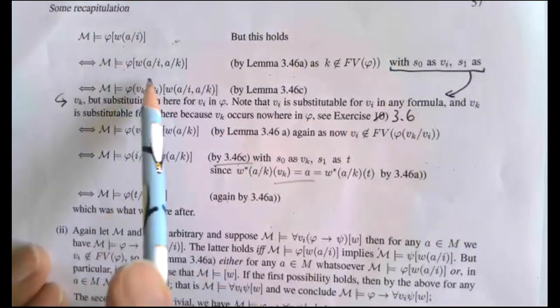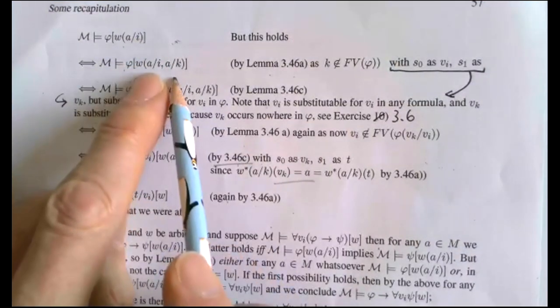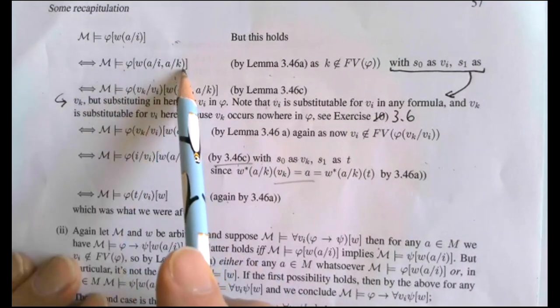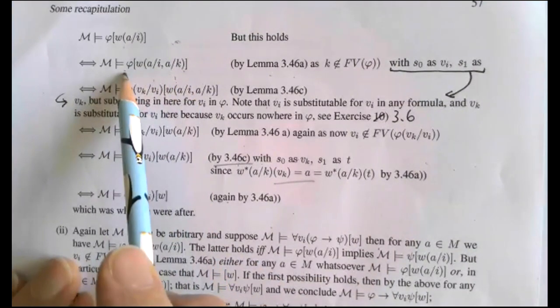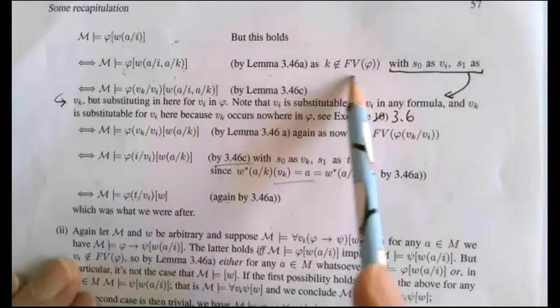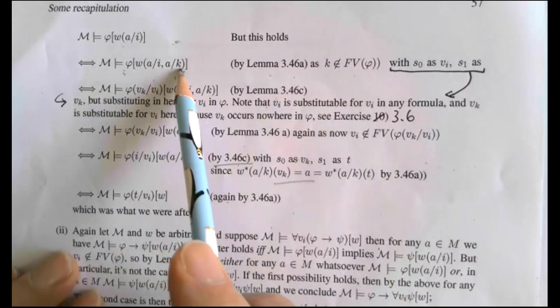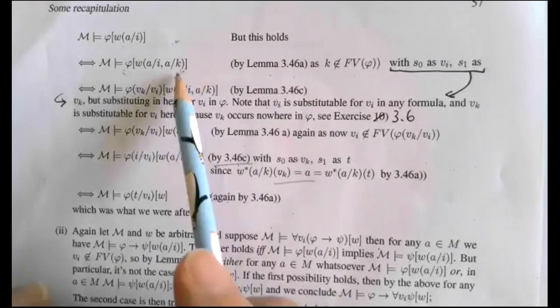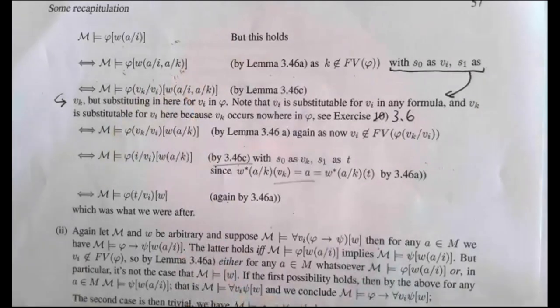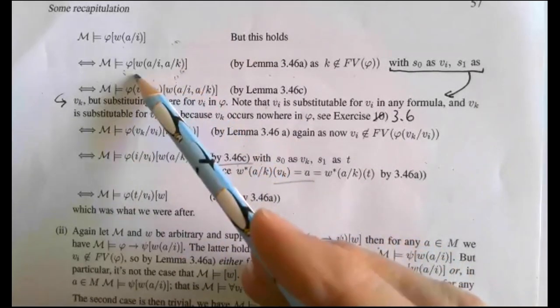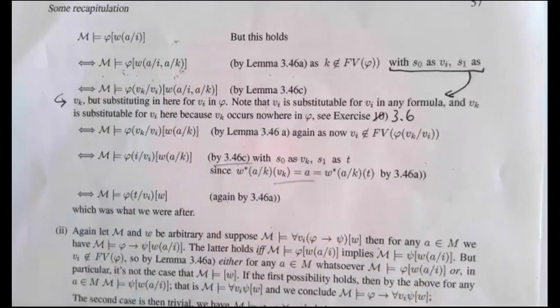So if we assume this is the same as this, right? Because k doesn't occur anywhere in phi. So it's not just that it's not one of the free variables. We chose vk so that it didn't occur in phi at all, right? So this is not going to affect the truth of phi in M here.